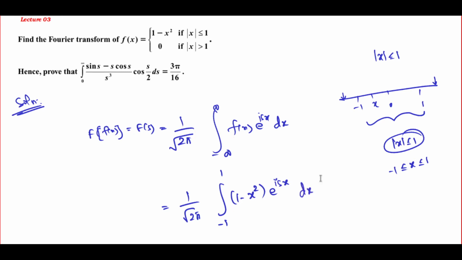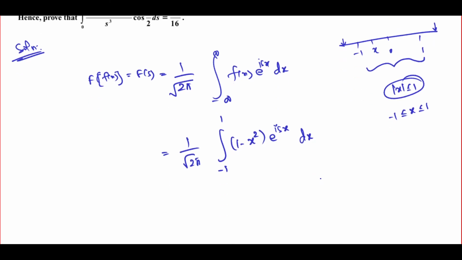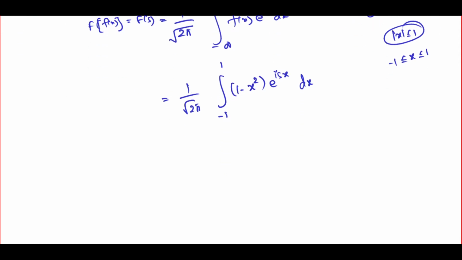All right. Okay. So how do we solve this integral right now? Solving is easy because you have Bernoulli's formula. We usually choose u as something which goes to 0 while differentiating continuously, and we choose dv as the remaining part. So take u equal to 1 minus x square and dv equal to e to the power isx into dx.